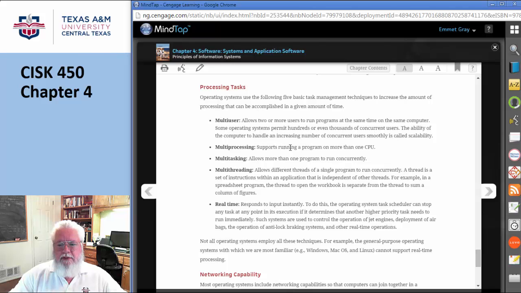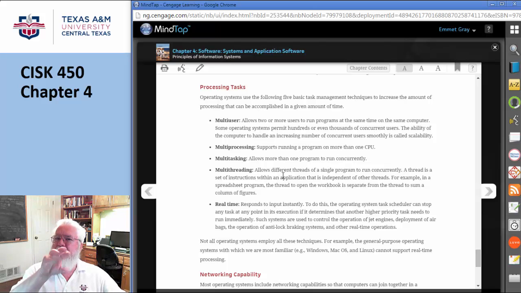That's okay. Multiprocessing means running a program on more than one CPU. Okay. Multitasking allows more than one program to run at the same time. So most of the time, these three right here, the multiprocessing, multitasking, multithreading, they get abused pretty badly.